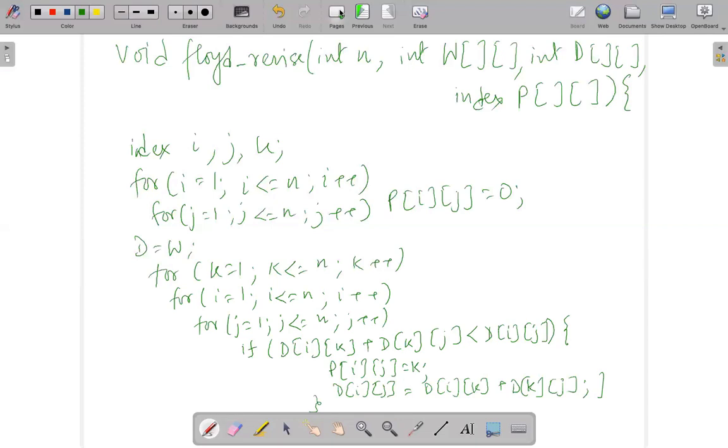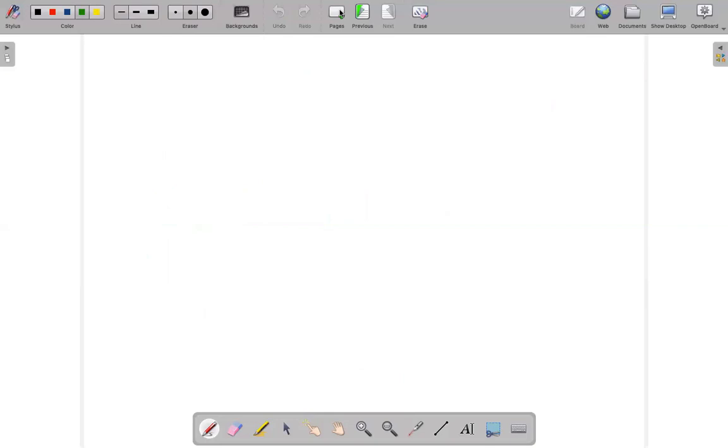Now, if we consider our running example, the path matrix that we will land up with is as follows. If you recall, there were 5 vertices.